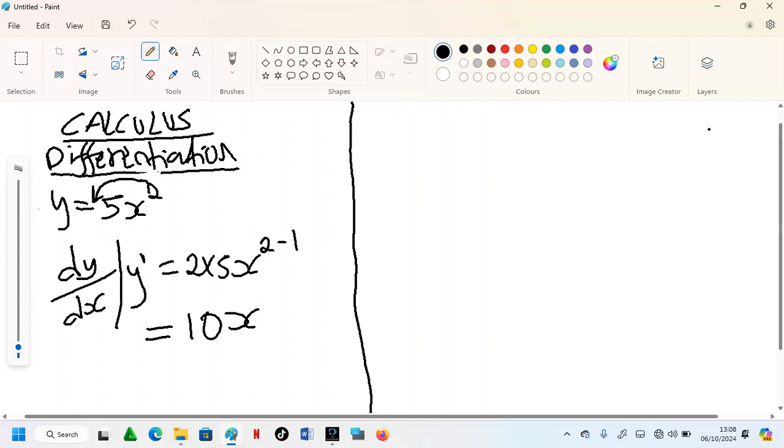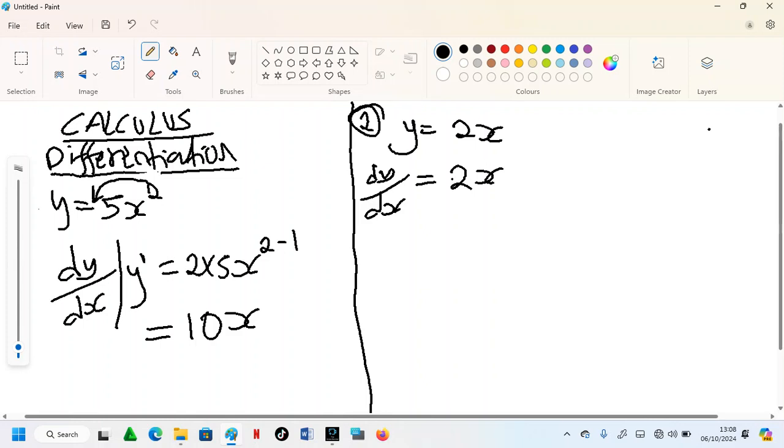So if you have, say, let us have another example. y is equal to, say, 2x. What are you going to do? You're going to simply say that dy dx is equal to 2x. Remember, we have 1 here.